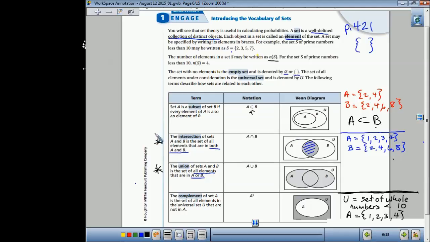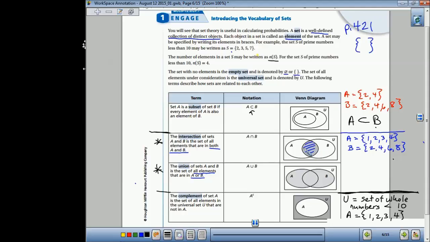Okay, the next 2 kind of go together, intersection and union. An intersection of sets is a set of all elements that are in both A and B. You've looked at Venns that look like this before, right? That A and B is that overlapping region, which is shaded in your text.